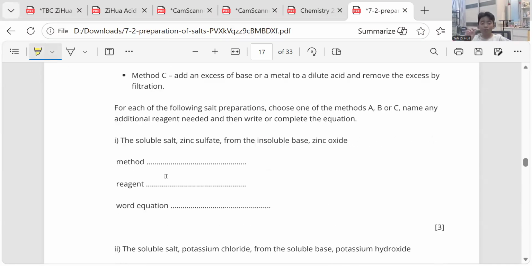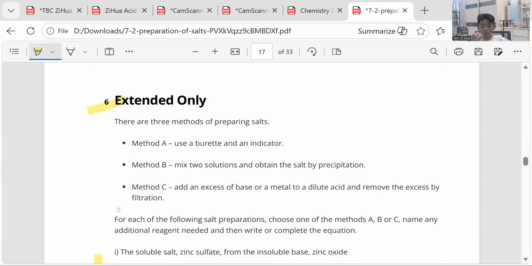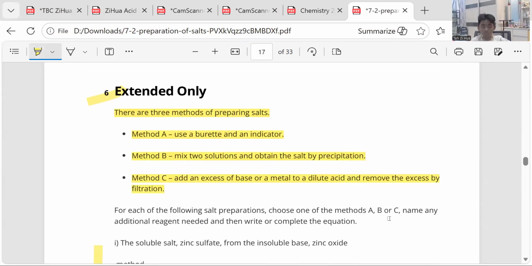Just do this, and this. These three questions. Okay. You have it right. I just sent you. Oh, the 7-2 preparation of salt one. Sorry. Do this question only, question 6.